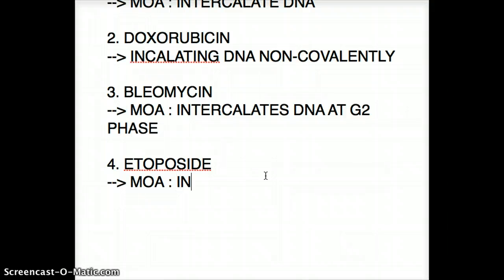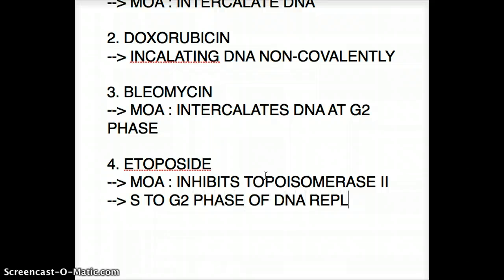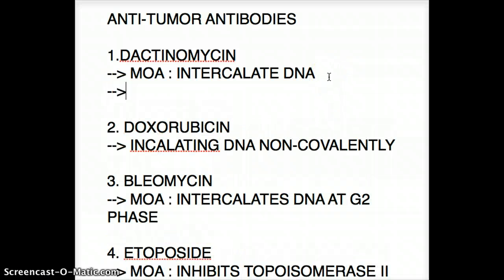So it inhibits topoisomerase 2, and it does so in the S to G2 phase of DNA replication. Okay, so these are the mechanisms of action. What about the clinical use?